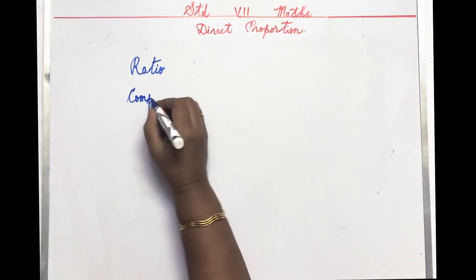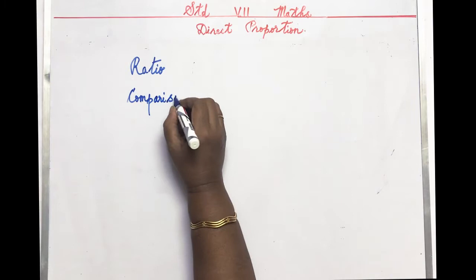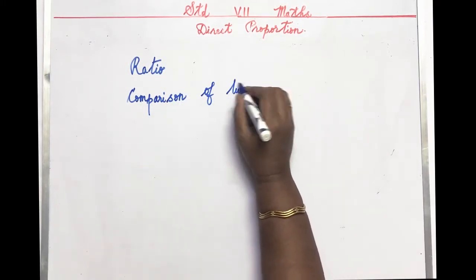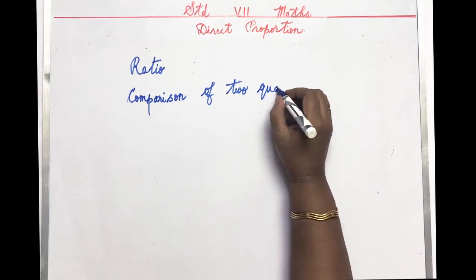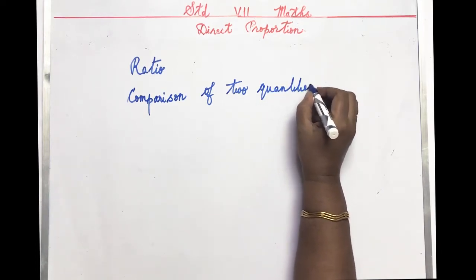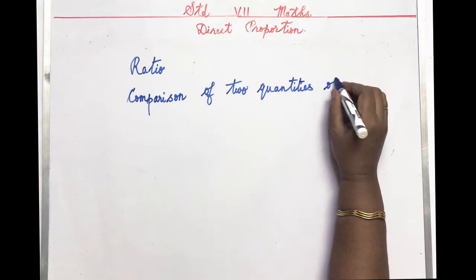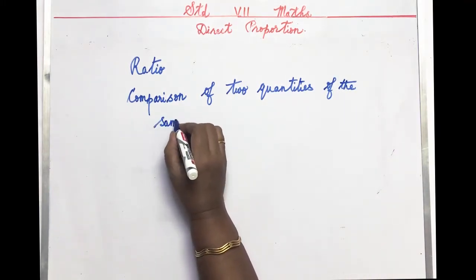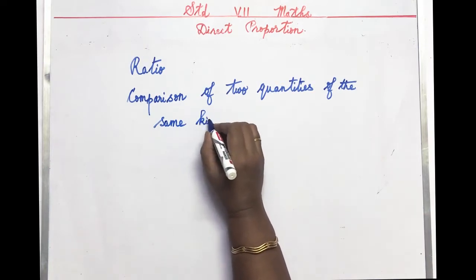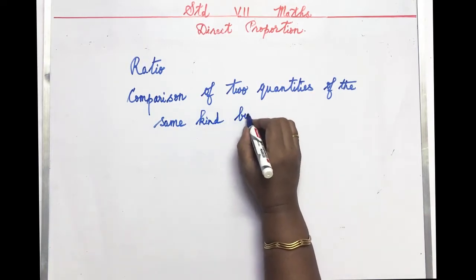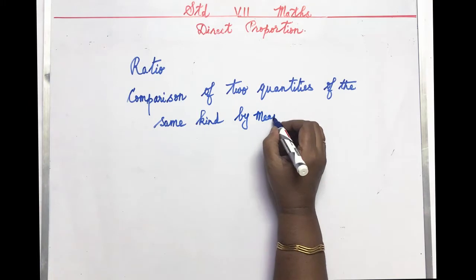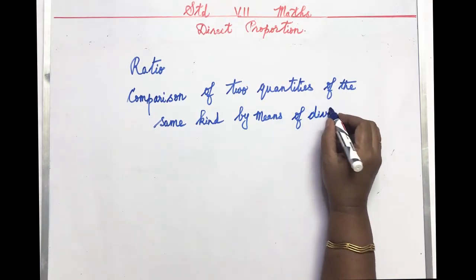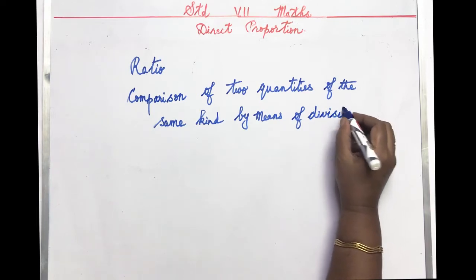Comparison of two quantities of the same kind by means of division is called ratio.